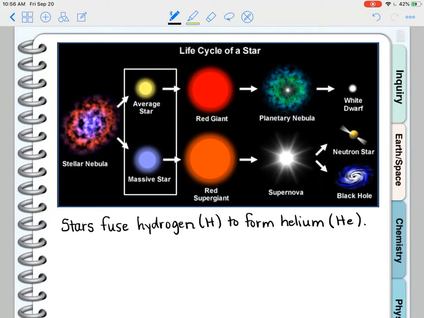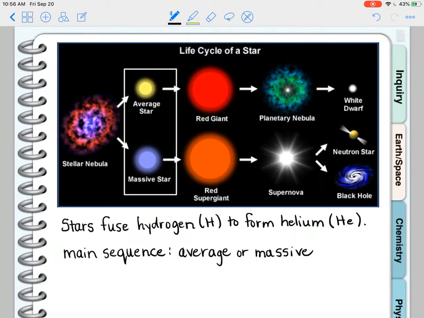So the main-sequence stars are the ones that are either average or massive. So if you see the term main-sequence, it's referring to either an average star, which is the size of our sun, or a massive star, which would be much bigger than our sun.